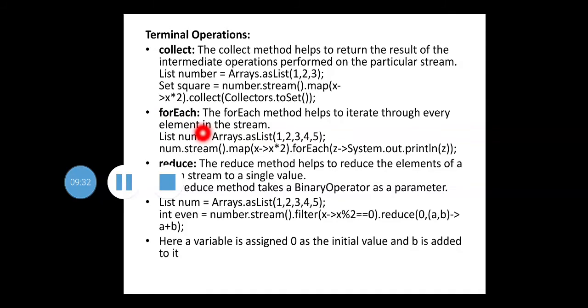The next method is the forEach method. The forEach method is used to iterate through every element in the stream. Here, forEach of some variable tends to the lambda expression of the particular operation.